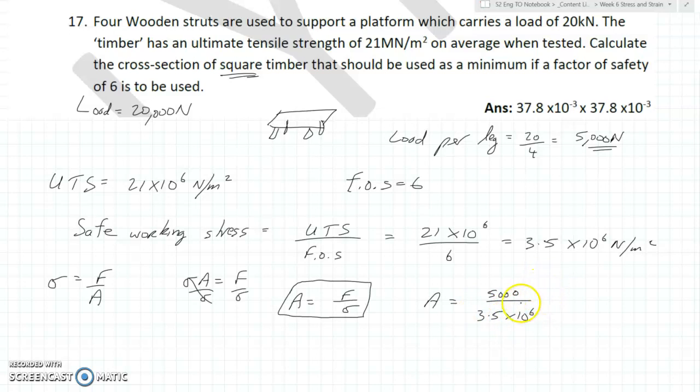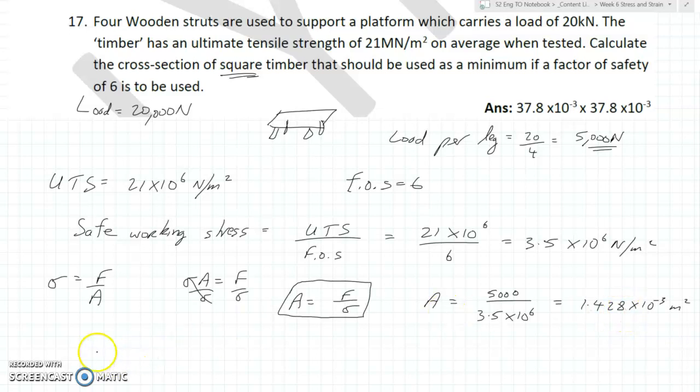So we have 5,000 divided by 3.5 by 10 to the 6, and that comes out to be 1.428 by 10 to the minus 3 square meters. That's the cross-sectional area for one leg.